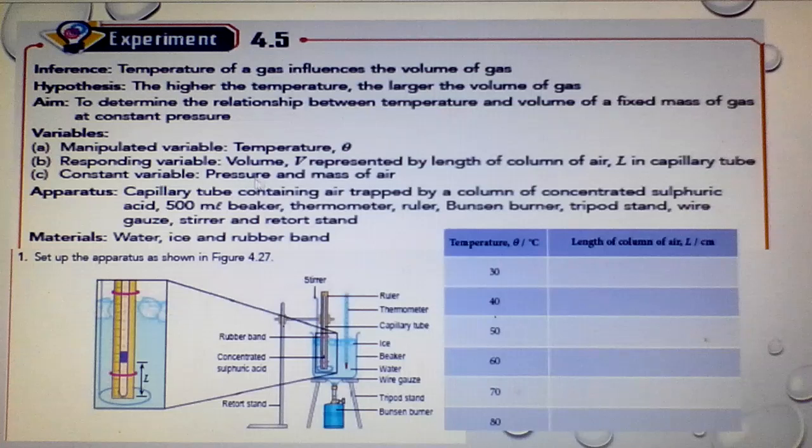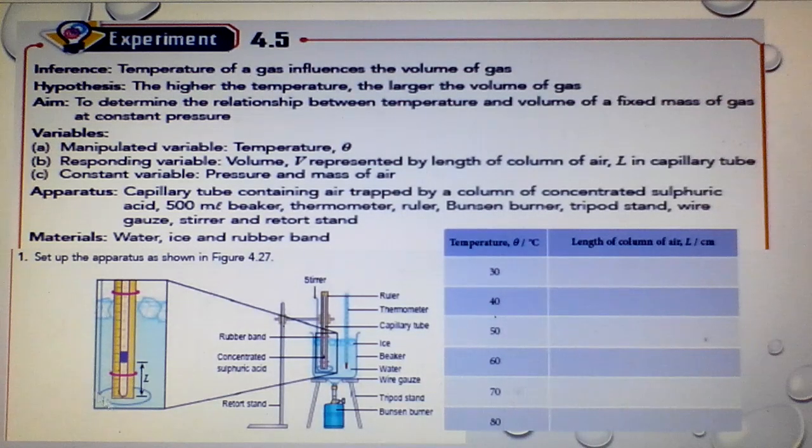Constant variables: pressure and mass of air. Apparatus and materials needed: capillary tube containing air trapped by a column of concentrated sulfuric acid, 500 milliliter beaker, thermometer, ruler, Bunsen burner, tripod stand, wire gauze, stirrer and retort stand, water, ice and rubber band.